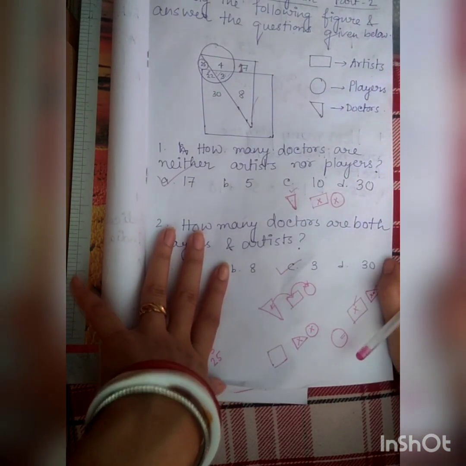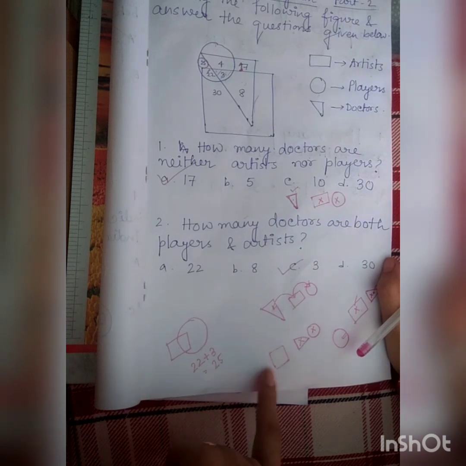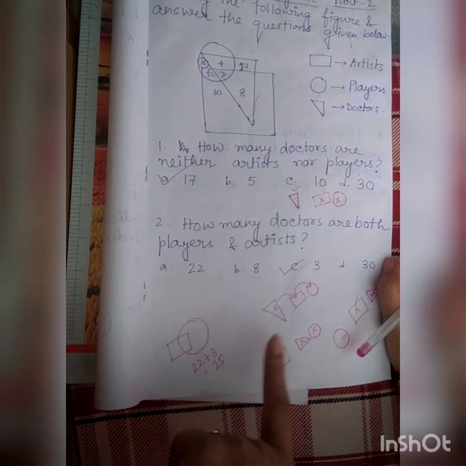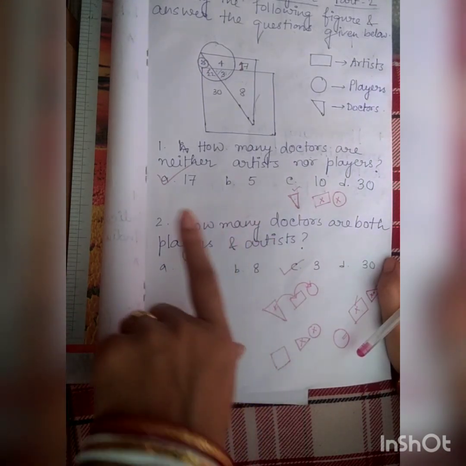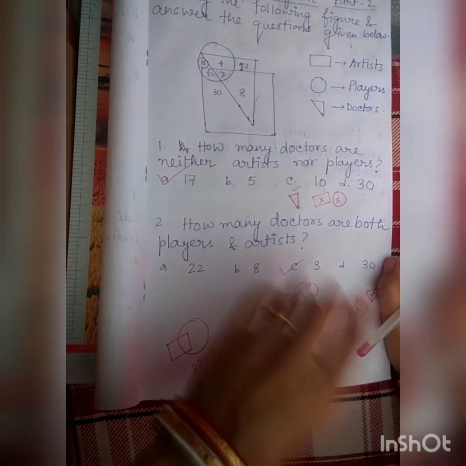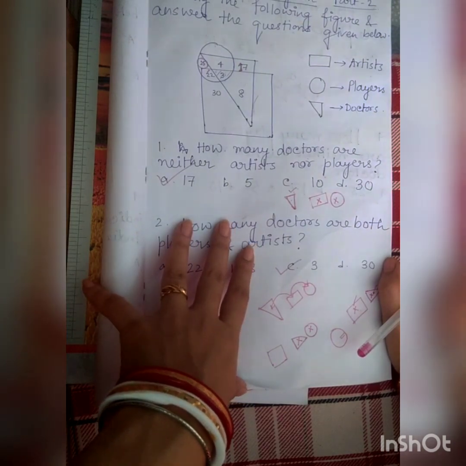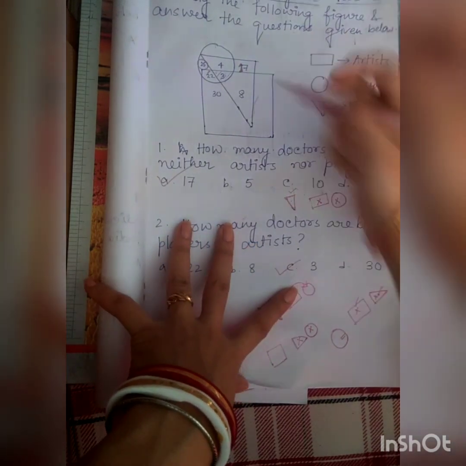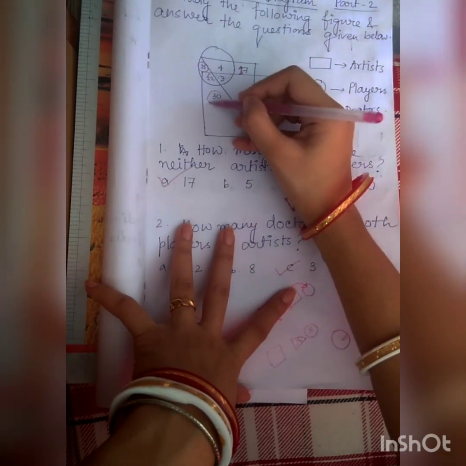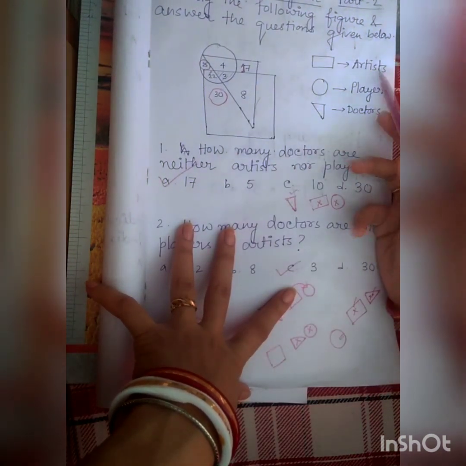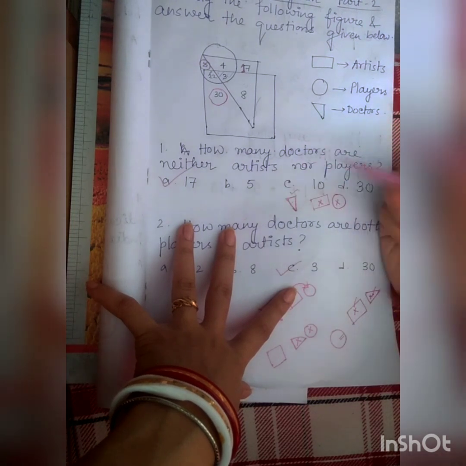So only the number which is present inside the square will represent the number of artists who are neither doctor nor player. Okay, so here we can see that without intersection only this number is there in the artist part, means inside the square.